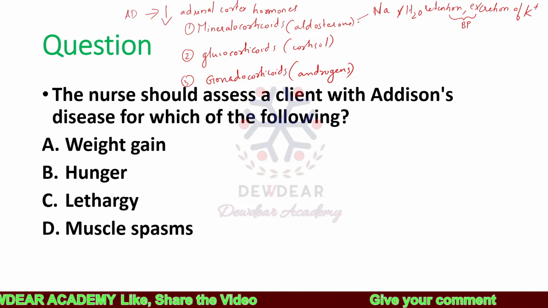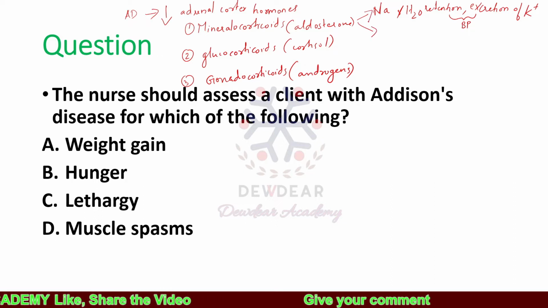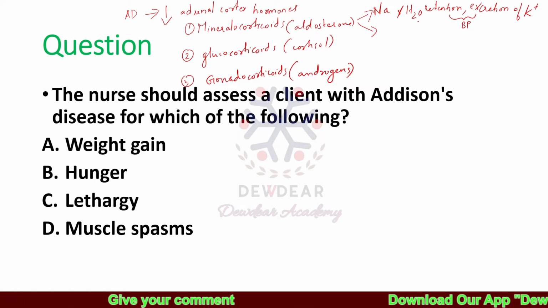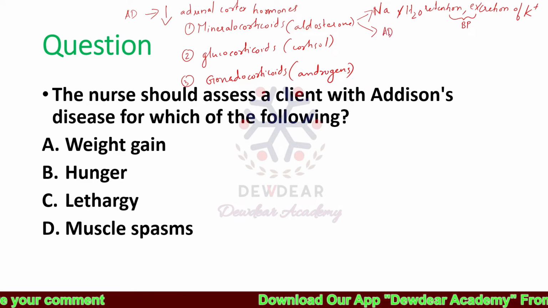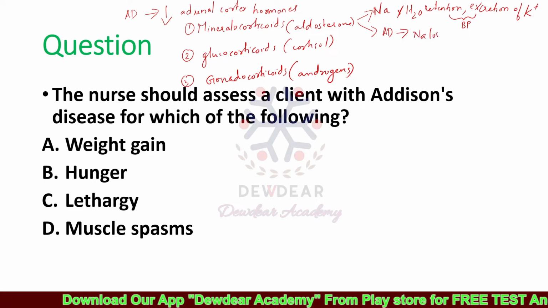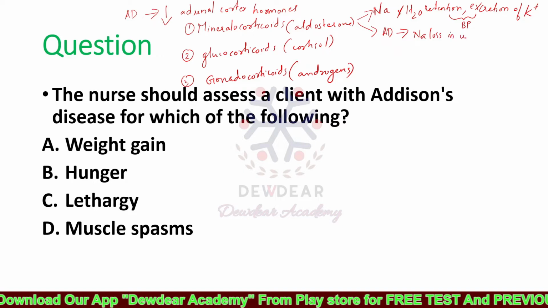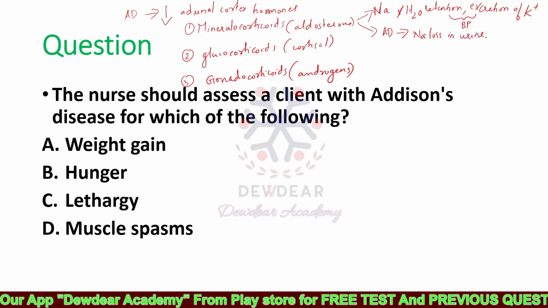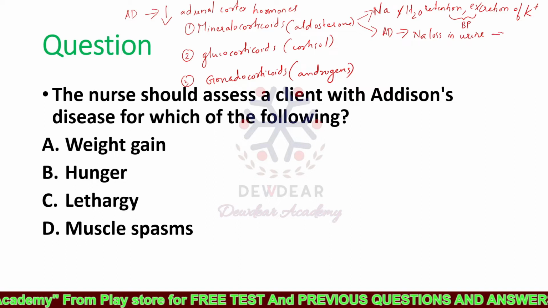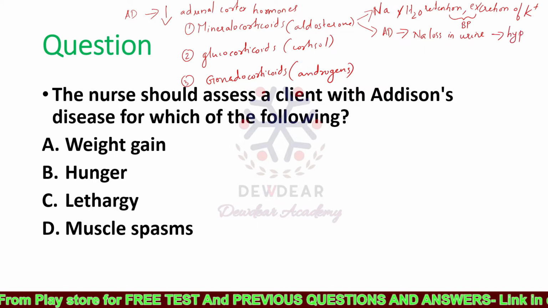So what happens in Addison's disease? This is the normal function of the hormone aldosterone: sodium and water retention, and thus it helps to regulate the water and electrolyte balance in our body. But in Addison's disease, this function is decreased. There will be sodium loss in urine, and there will be loss of extracellular fluid, and that is leading to hypotension.